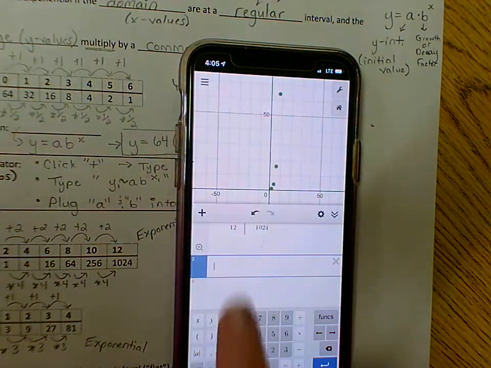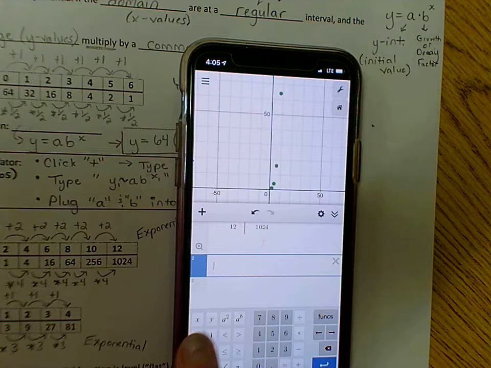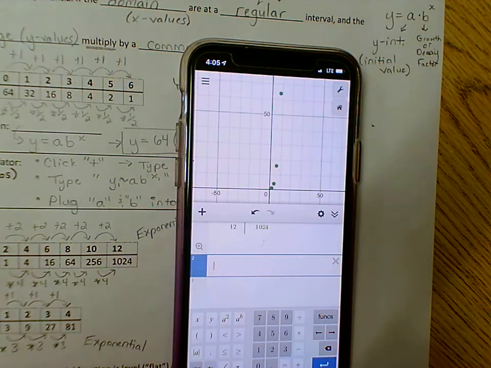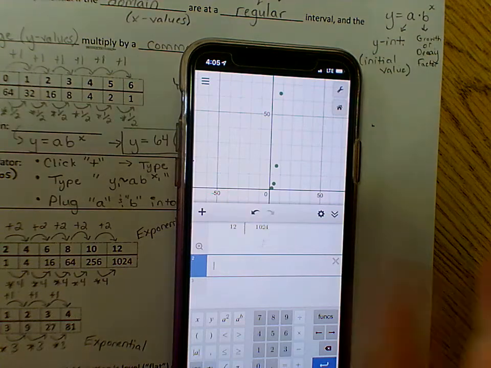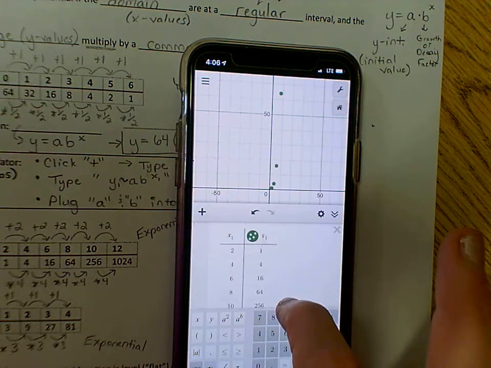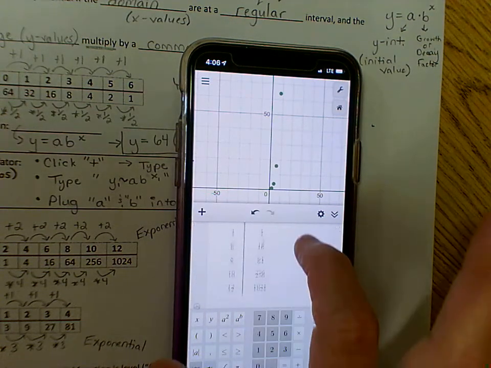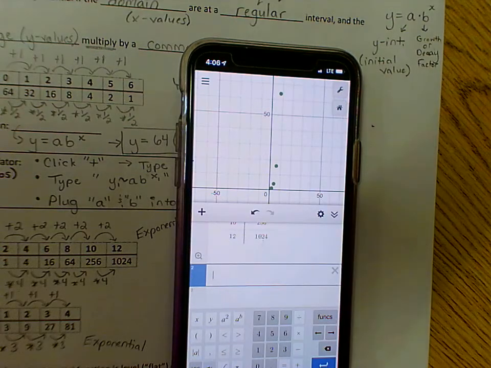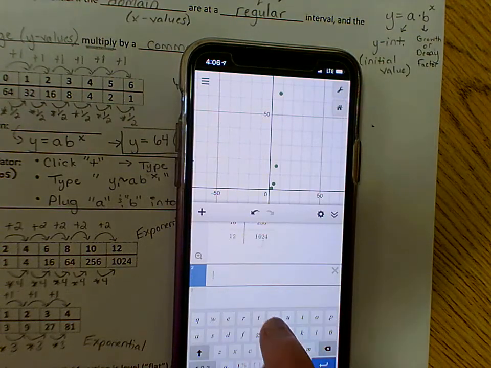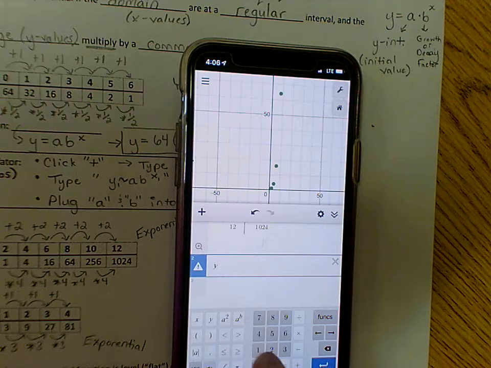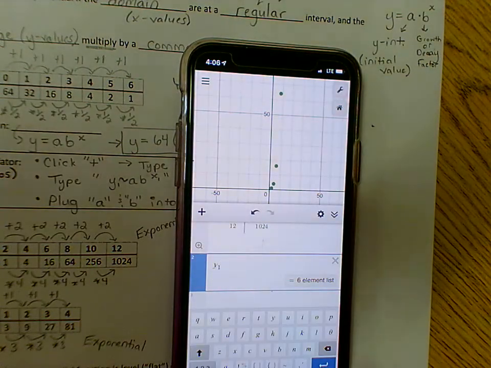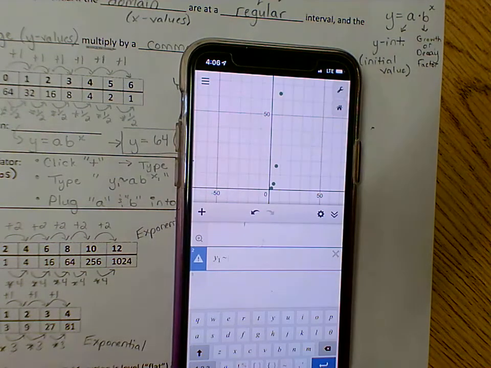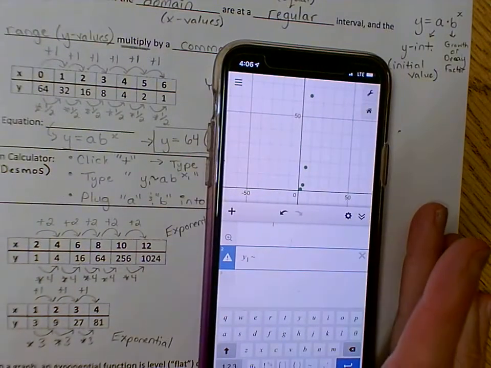So when I type in my equation, I'm going to start typing in the y equals ab to the x equation, which is for exponentials, but I'm going to make it match the y and the x I have in my table, just like what I did with linear functions. So I'm going to type a y, and since it's y1 in my table, I'm going to type y1. And then remember, it's approximating an equation for this, so you don't hit the equals, you actually hit that little tilde, okay?